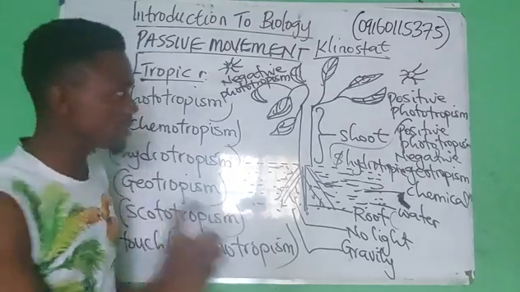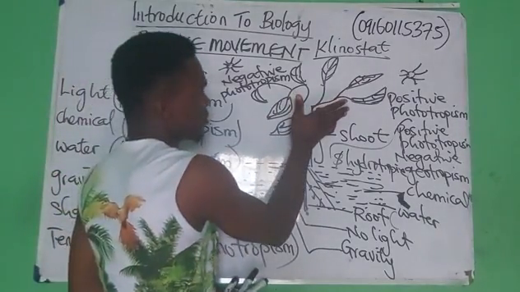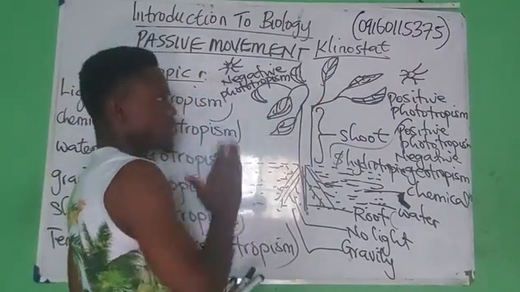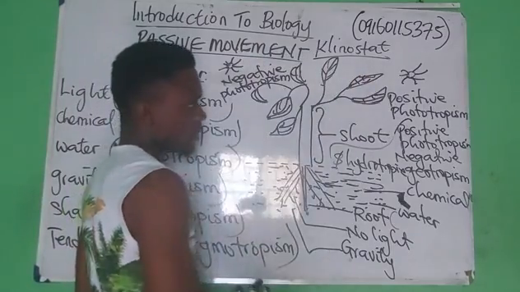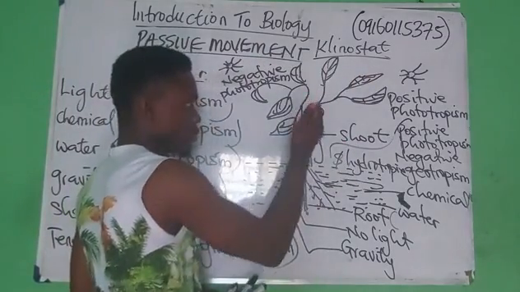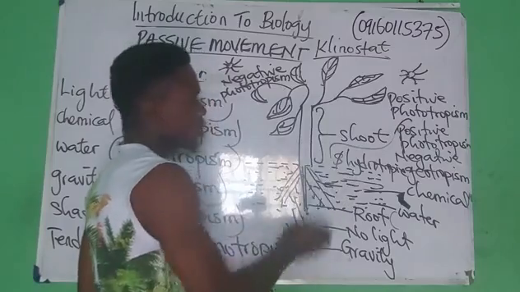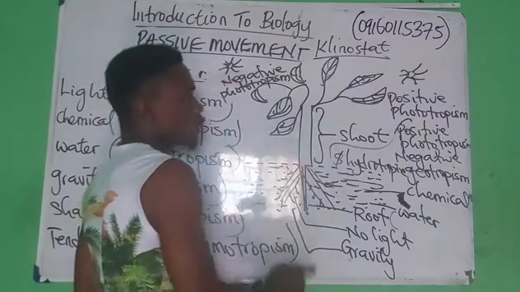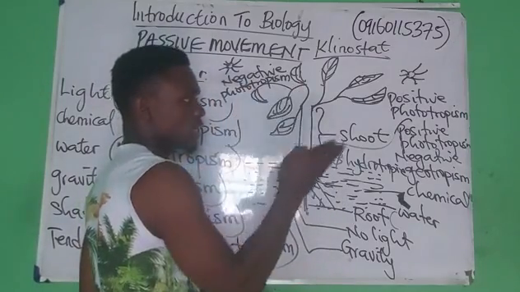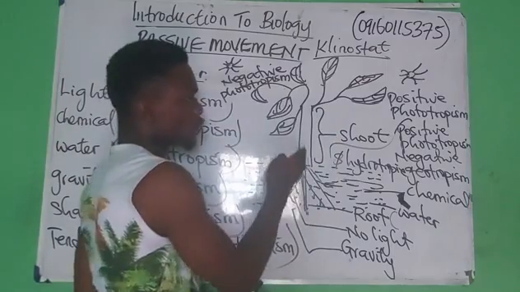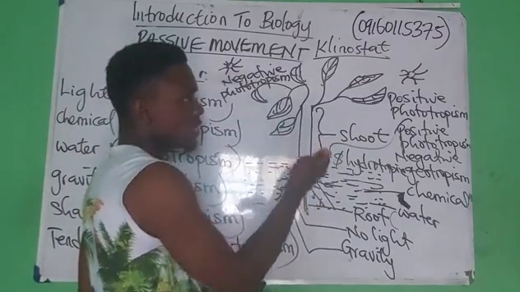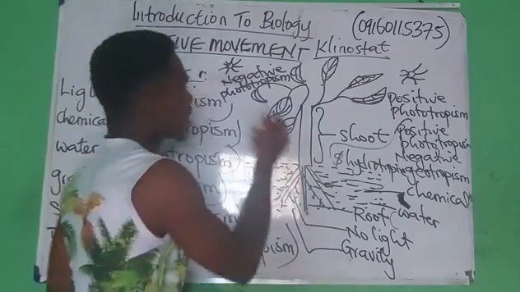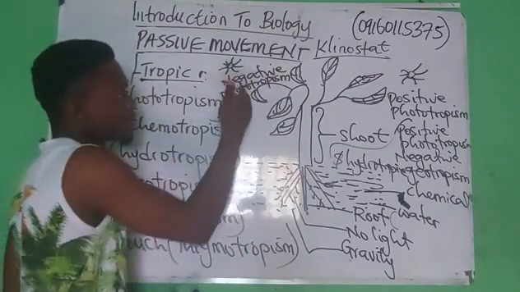Let me conclude by saying that the leaves of a given plant, when they are bending towards sunlight, are positive phototropic. The shoot growing upwards is positive phototropic, growing against gravity is negative geotropic, growing away from water is negative hydrotropic. Now this leaf bending away from sunlight is what?